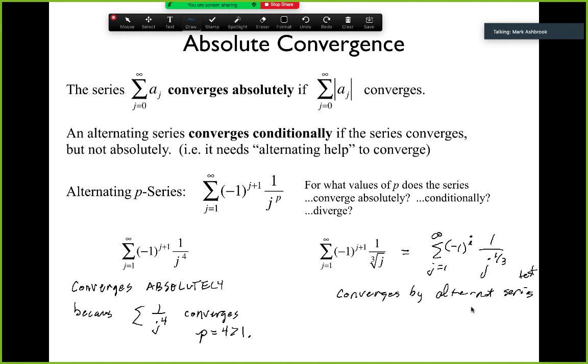All right, the question is, does it converge absolutely or conditionally? Conditionally. Because now if we take the alternating help off, we have a P series with P less than 1. And if P is less than 1, then it will not converge.